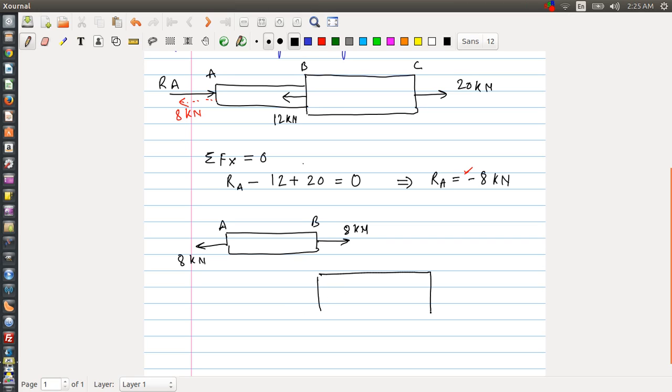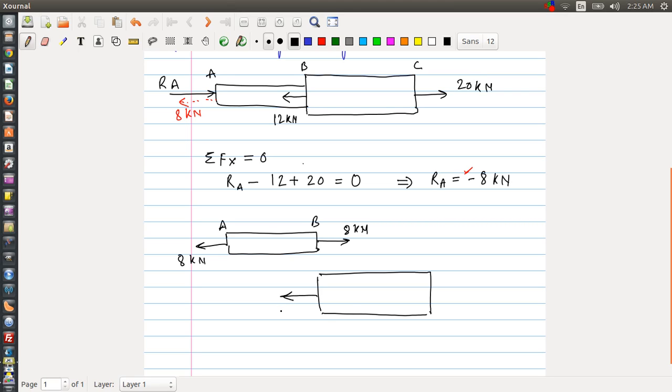Now what about section BC? At section B we have a 12 kilonewton externally applied load, and as the equilibrium of AB says, at B there is 8 kilonewton if we consider the equilibrium of the section AB alone. The net result at B should be 12 kilonewtons in the negative x.